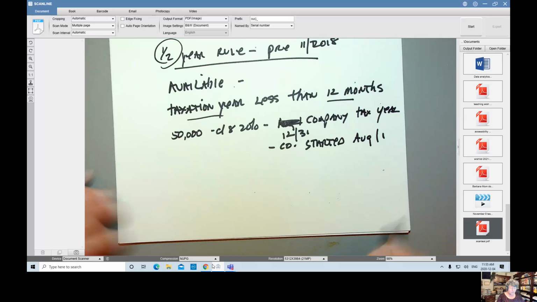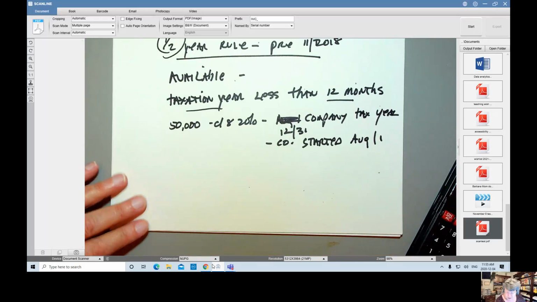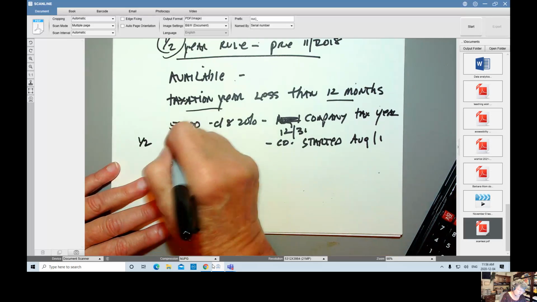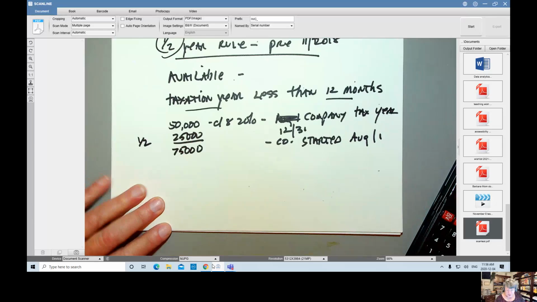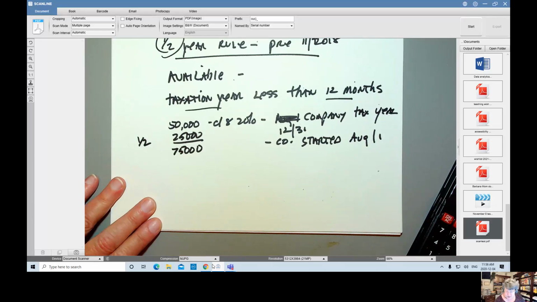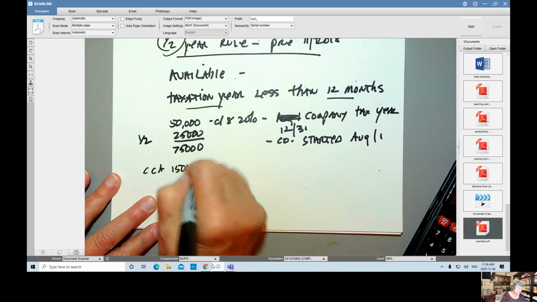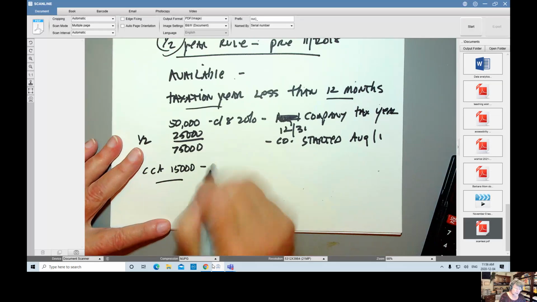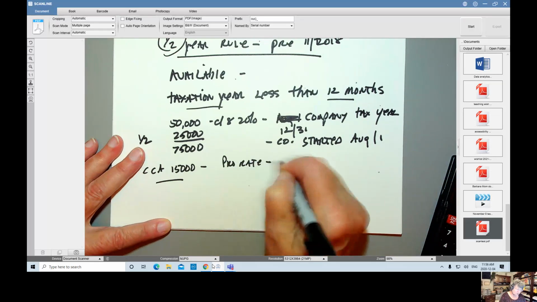So for a year less than 12 months, I take the 50,000, and of course I have to do the half net, so that's 25. So I've got 75,000. I take the 75,000 times the 20%, so that's our CCA of 15,000. You can look back at the other examples where you see that I did that. Now what I do have to do is prorate for the partial year.